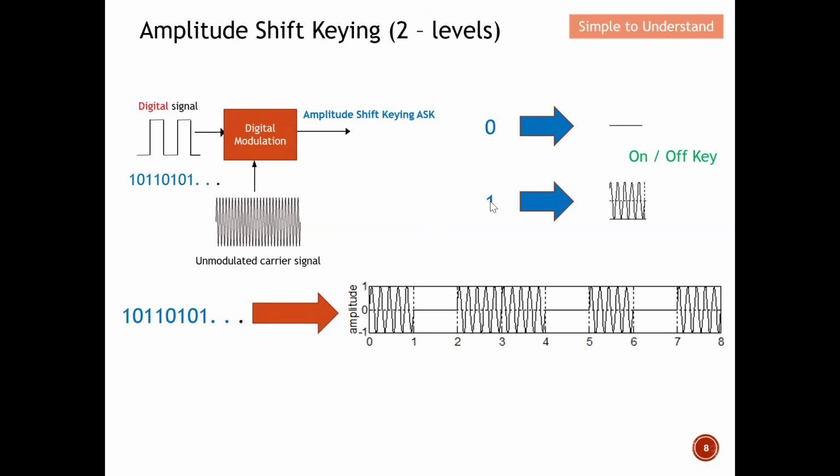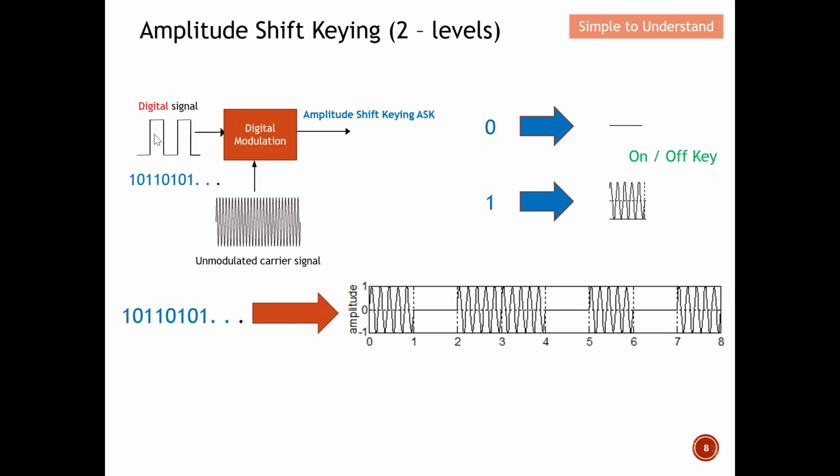When the message is 1, I have something on the amplitude to show that it is signal 1. So this amplitude shift keying is sometimes known as on-off keying, because this is off, this is on. Based on whether the key is on or off, I will be able to determine the digital signal. This is the easiest form of shift keying.